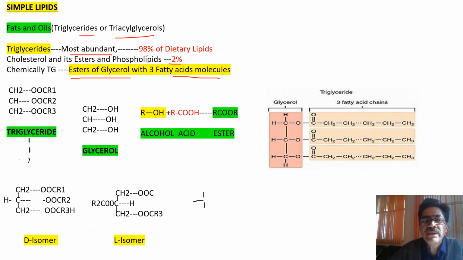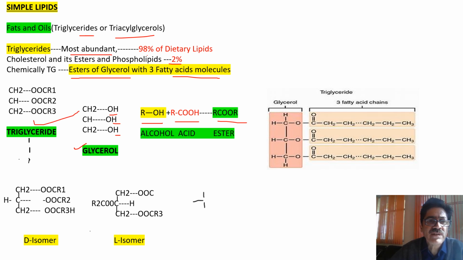Now, ester in organic chemistry means when an alcohol reacts with carboxylic acid, the resultant compound is an ester. So here the alcohol is glycerol, a trihydroxy alcohol that has three OH groups present in it. When it reacts with fatty acids, the resultant compound is an ester.